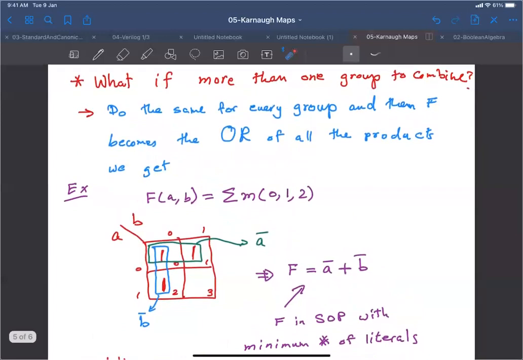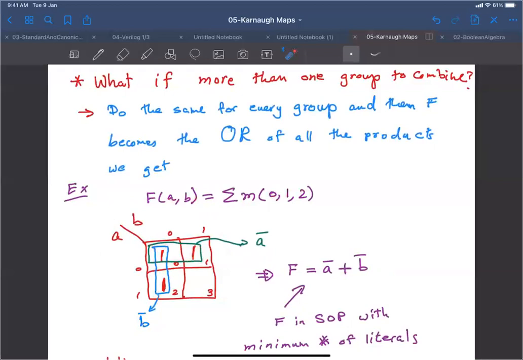We have this function, the sum of minterms 0, 1, 2. I draw my little K-map here, with minterm number 0, minterm number 1, and minterm number 2. I can group these two together, and we have seen that this is B complement. And this one here is going to be what?